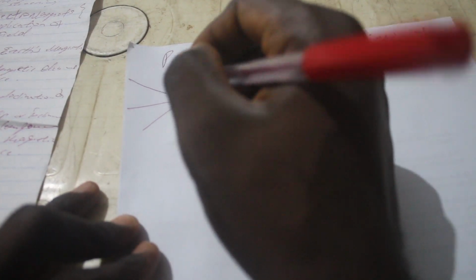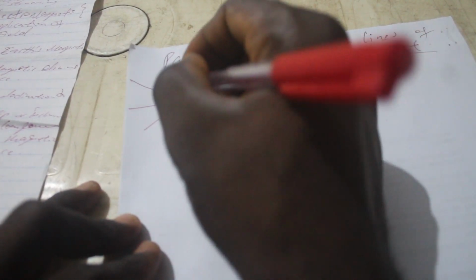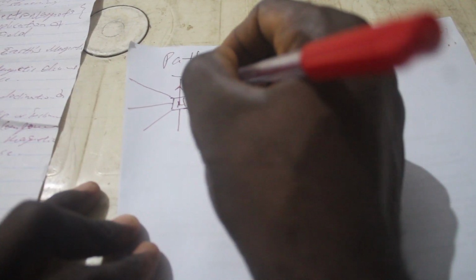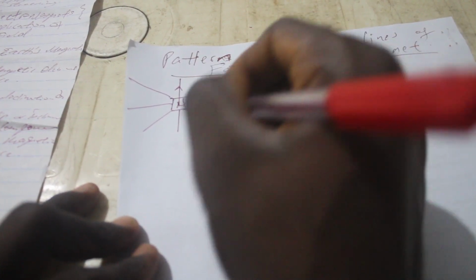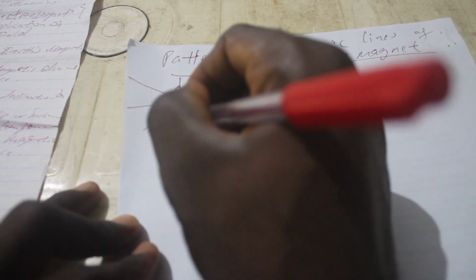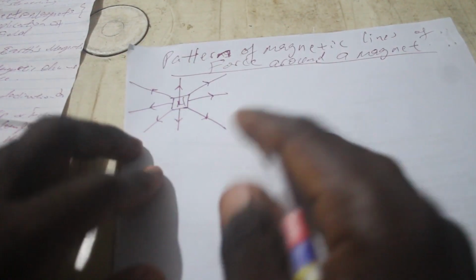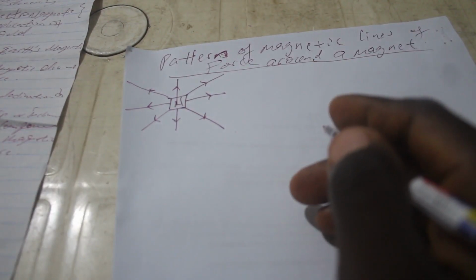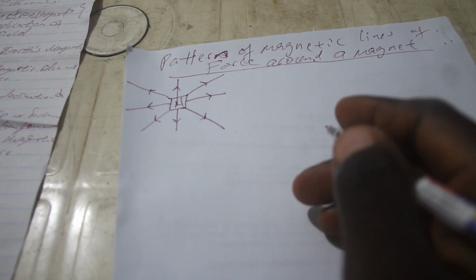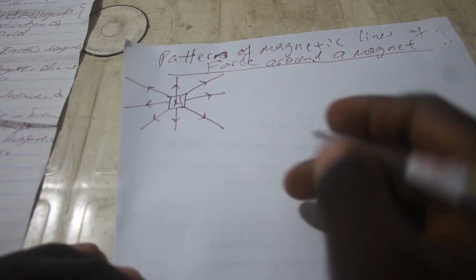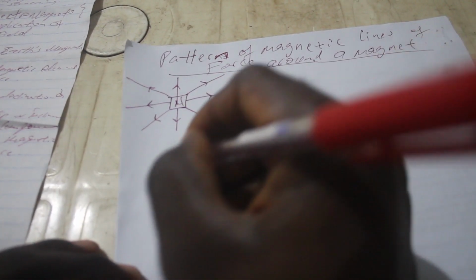Now, the direction of the magnetic line of force around a north pole are such that they go out, away from the magnet itself, from the north pole. Now remember, I told you that the north pole of a magnetic field is analogous to the positive charge in an electric field.